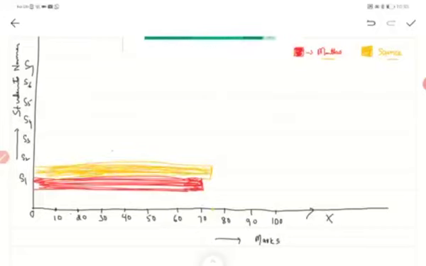I'll draw approximately because obviously I don't have a graph. So this total is representing student 1.